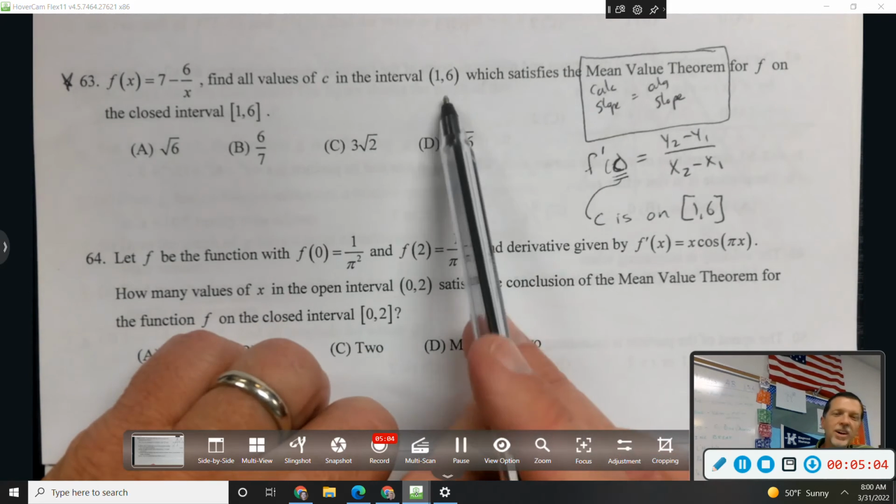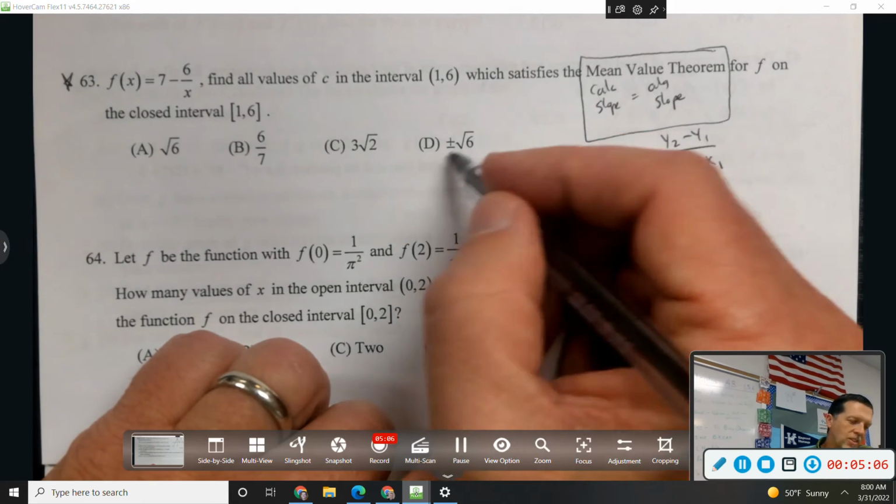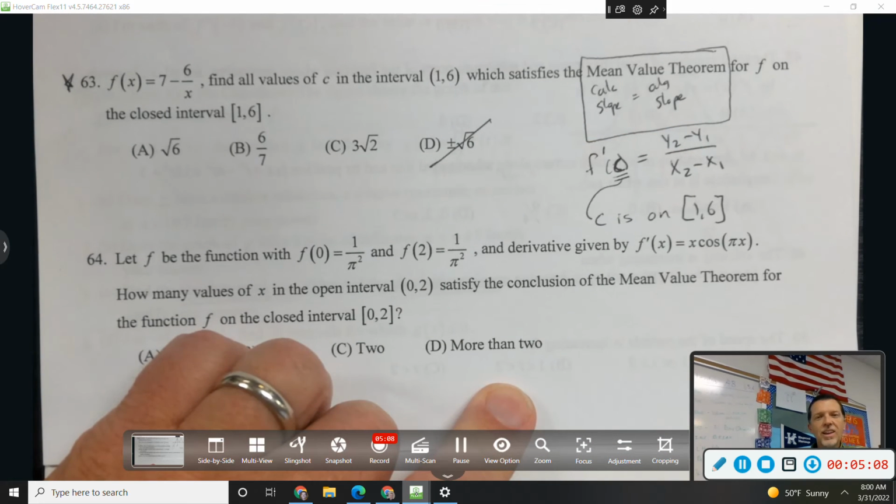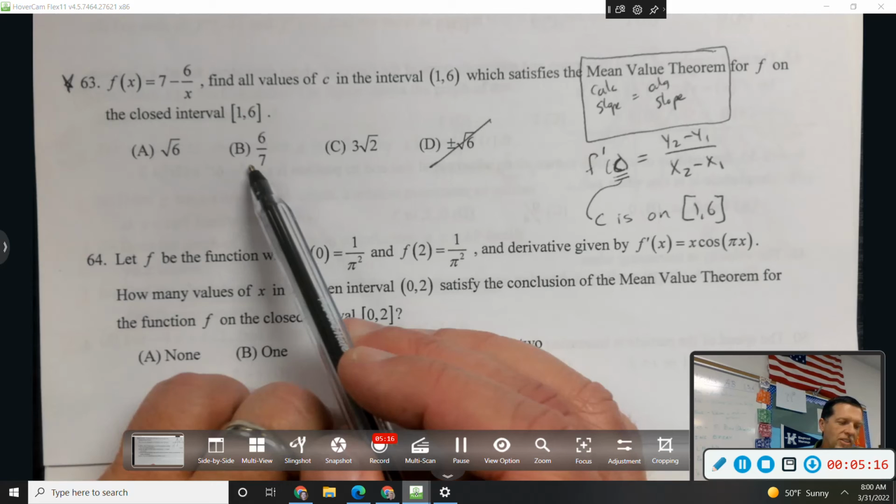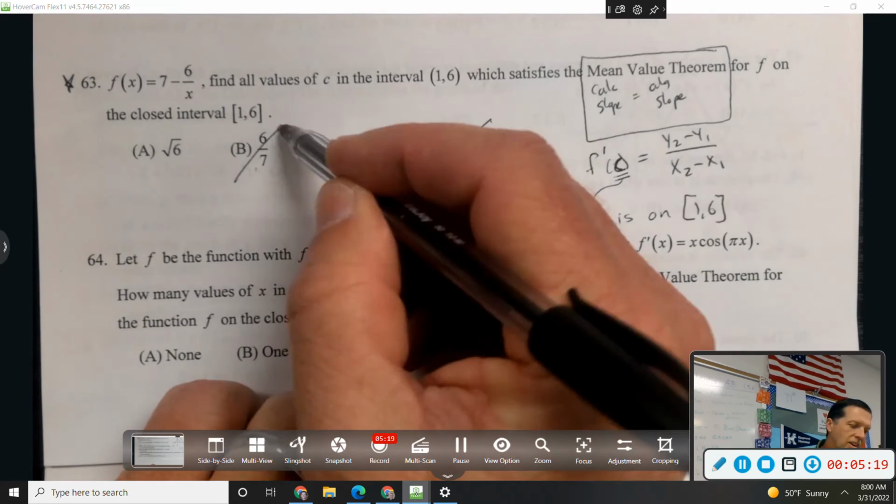Because of that, I can throw this out. It's not plus or minus square root of 6 because it can't be negative. And you know what? 6/7 isn't on the interval either. So he's out.